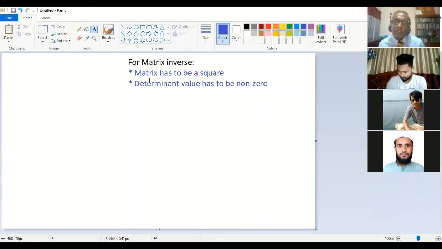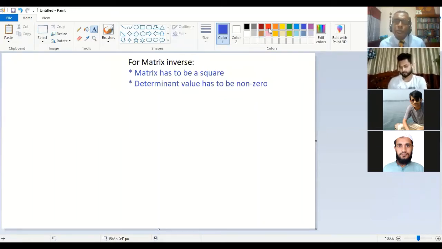If the determinant value of the matrix is 0, then not possible. So these two things you have to check, and then you can proceed. How we will make the inverse is one thing we will learn today. But before that, we need to know what the determinant value is.